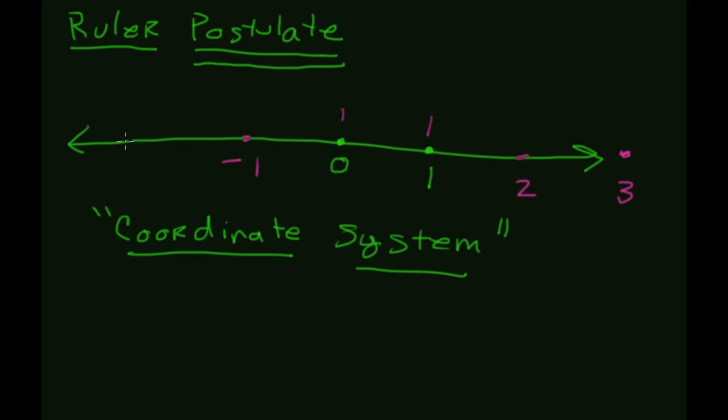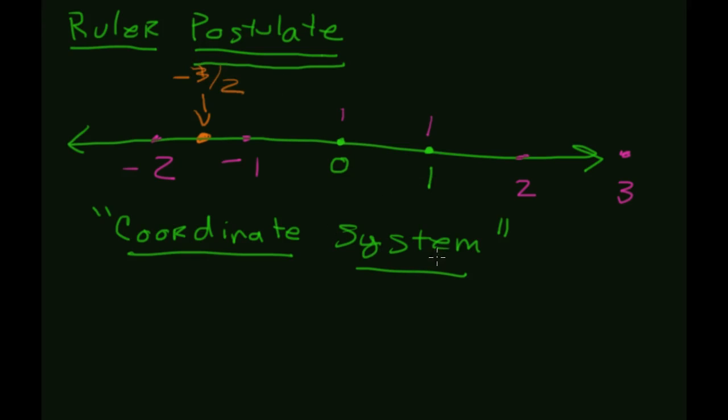at -1, and now I'm at -2. Now I know, if I pick a point at random, so let's use orange, I pick this dot here, that dot pairs with -3/2.